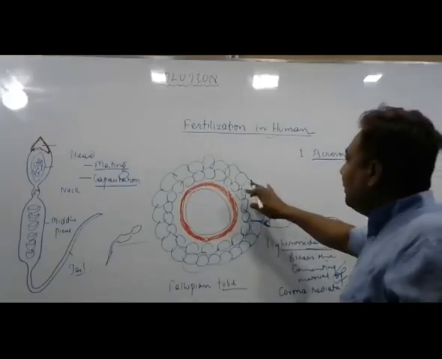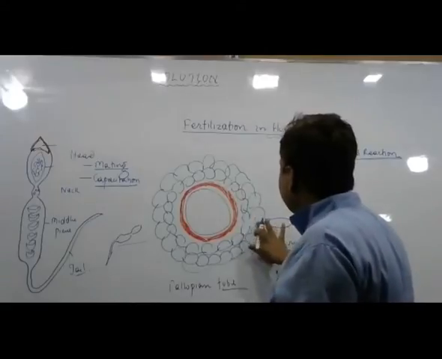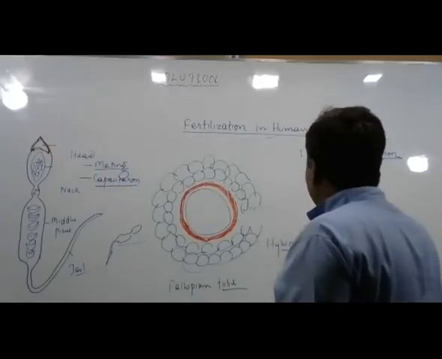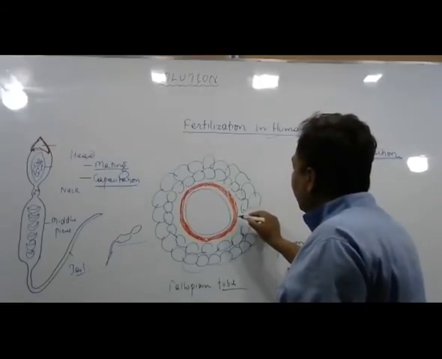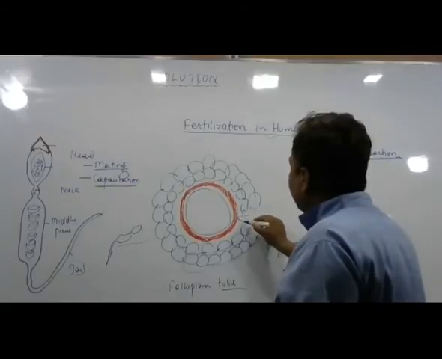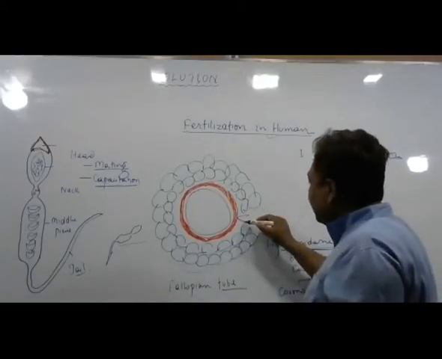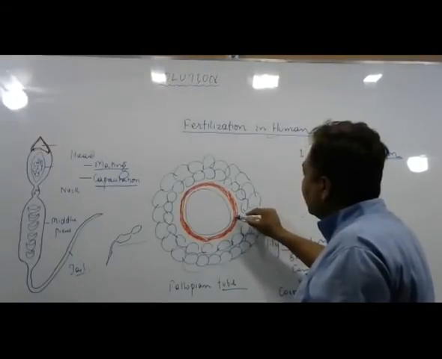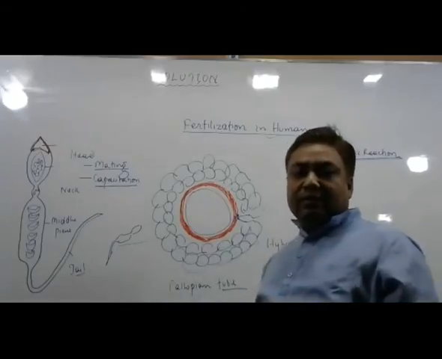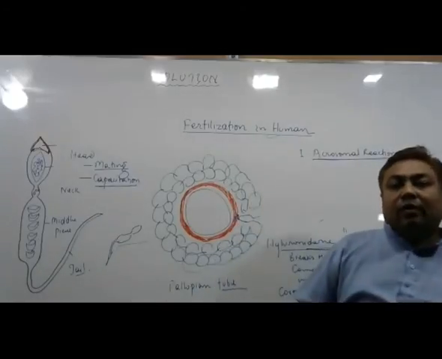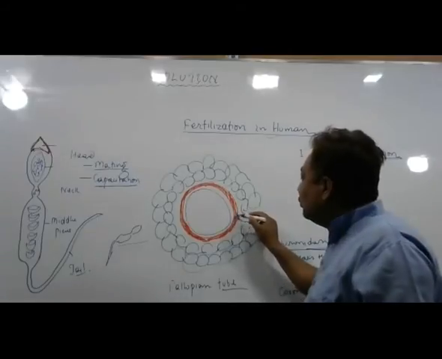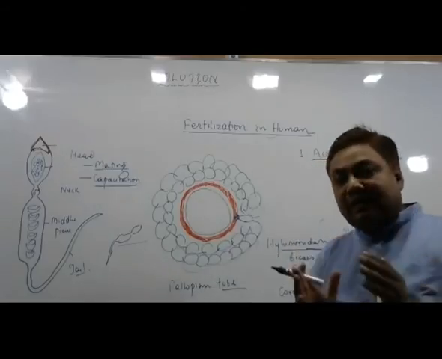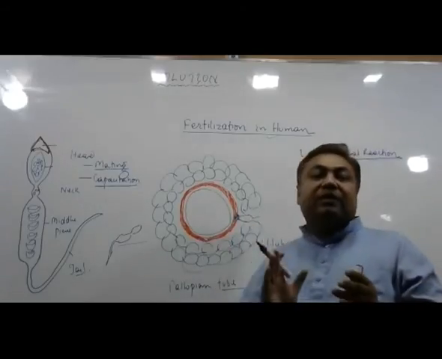Then the sperm arrives at the zona pellucida layer, and here it releases enzymes which penetrate into the zona pellucida, and they degrade the place where the acrosome meets the zona pellucida.